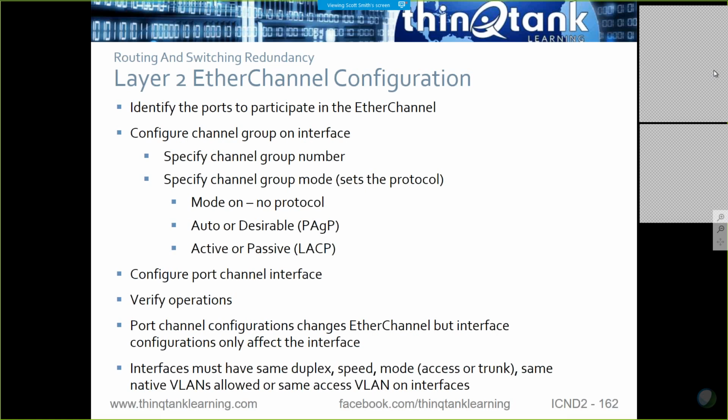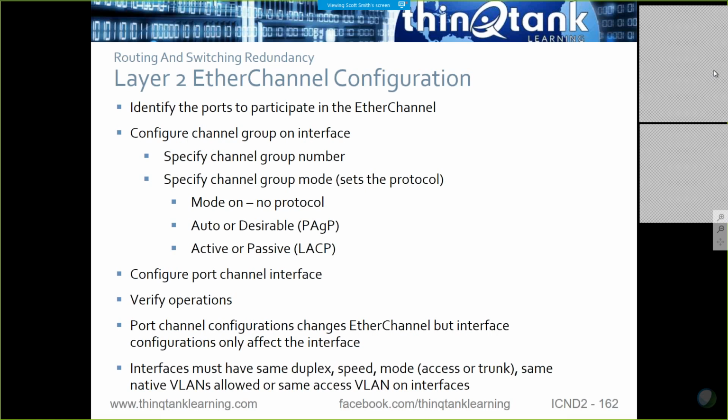If you set the mode to active or passive, you're using LACP. Now, once you create that channel group number on the physical interfaces, then a logical interface gets created as well, called the port channel interface. All of your ether channel configurations get applied to that port channel interface. And then the configurations on the port channel interface get carried over to the physical interfaces.